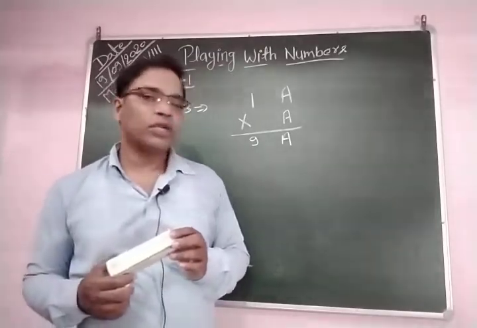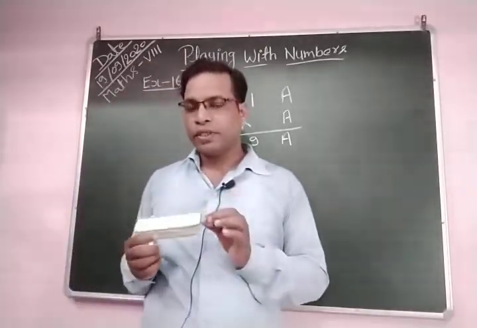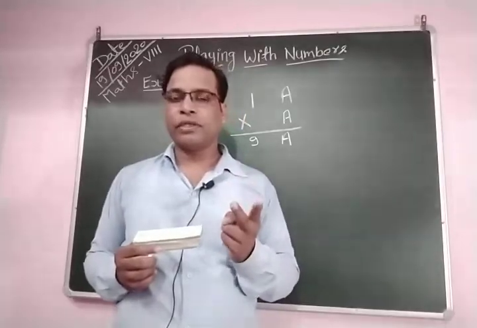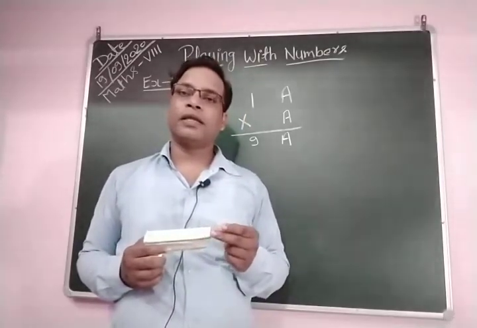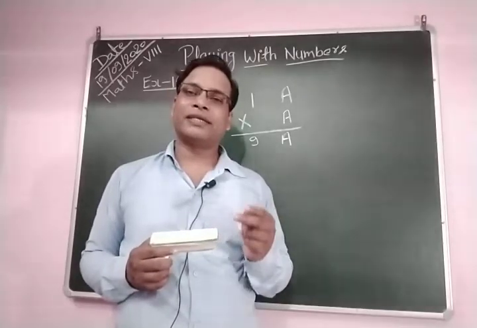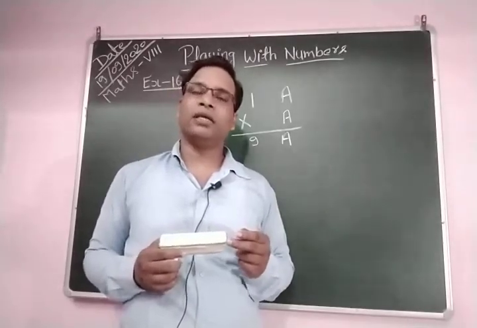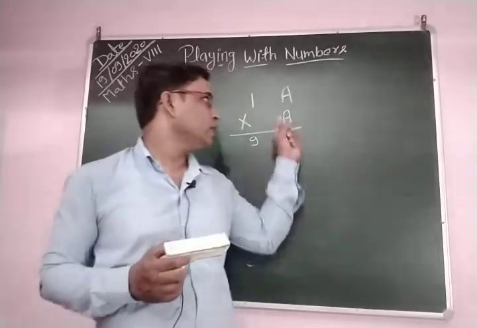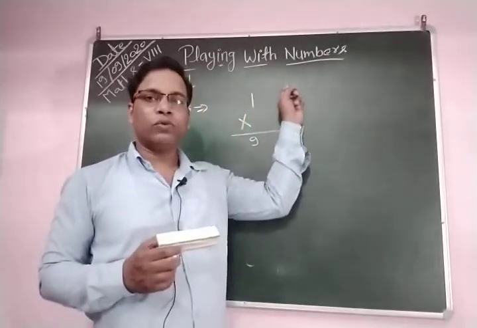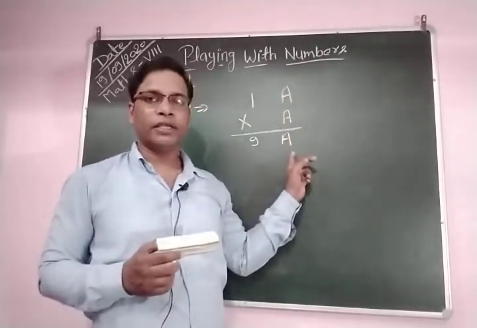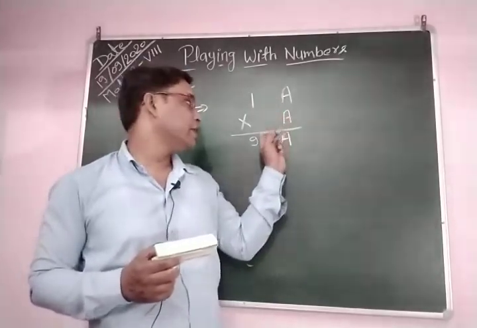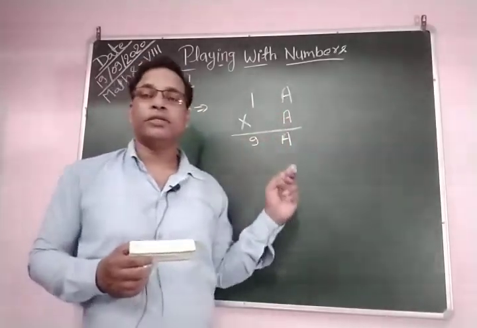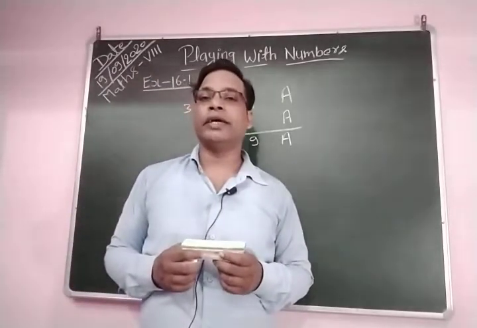If you take 2, 2 into 2 becomes 4, so the result is not 2. This is not the correct value of A. If you take 1, 1 into 1 is equal to 1, this is clear, but here the result needs to be 9. So 1 is not the answer.